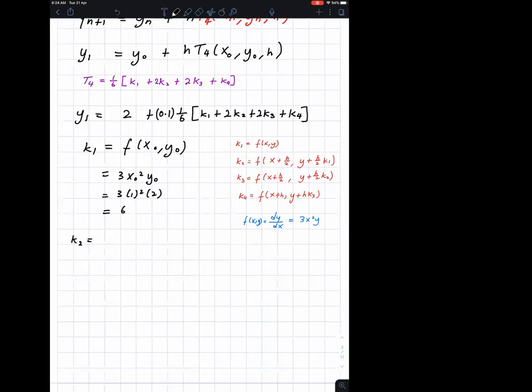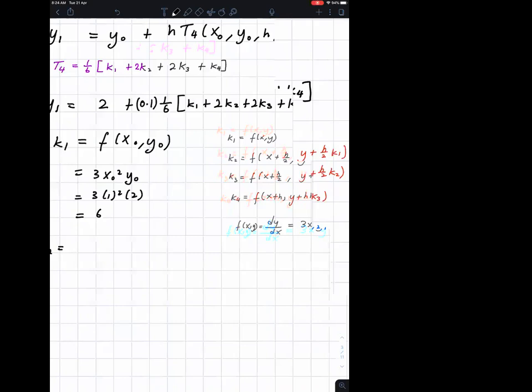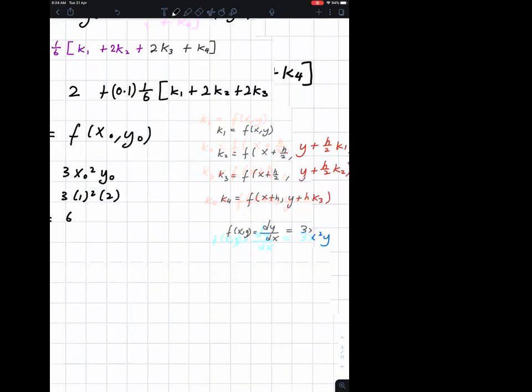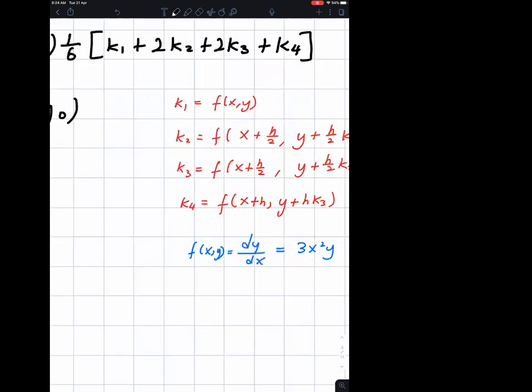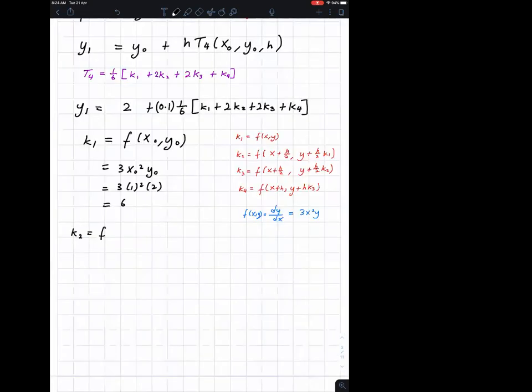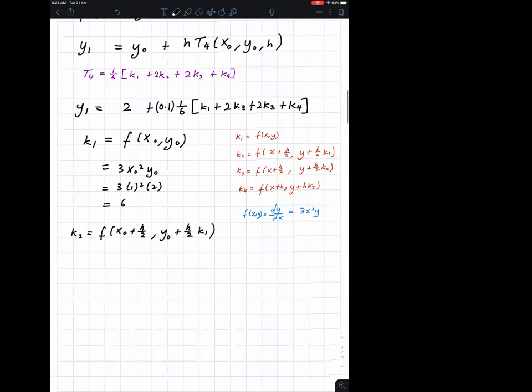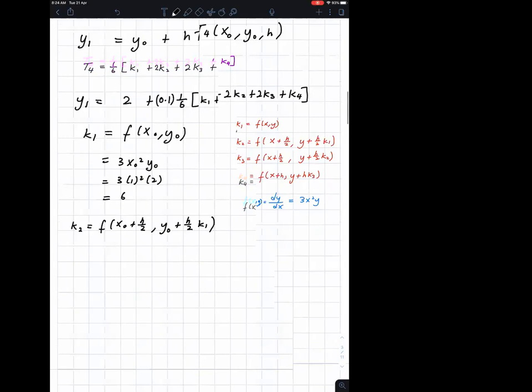Now K2. Go ahead and refer on the side here. K2 is f(x naught plus h over 2, y naught plus h over 2 K1). x naught is 1, right?